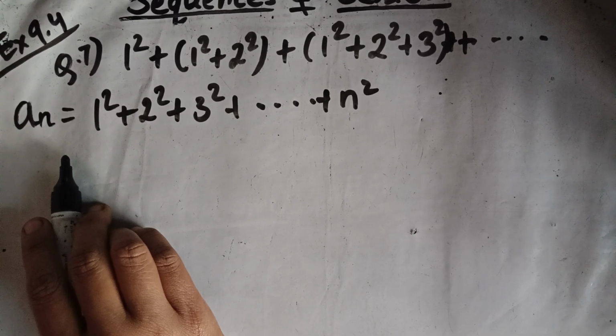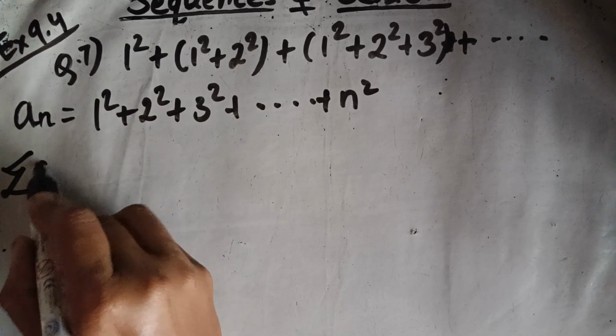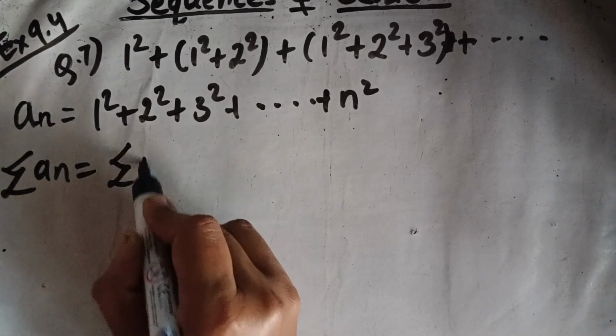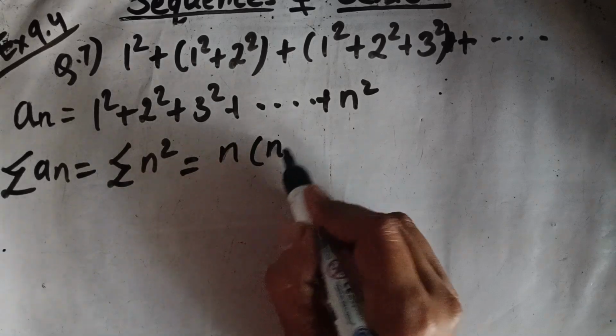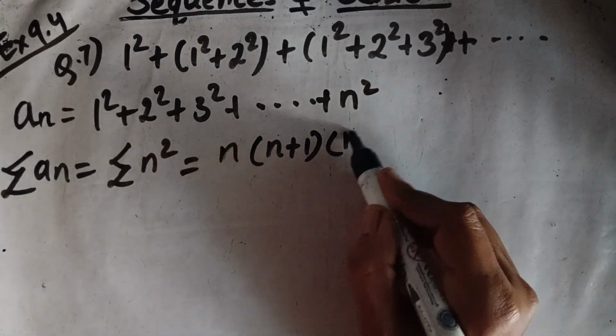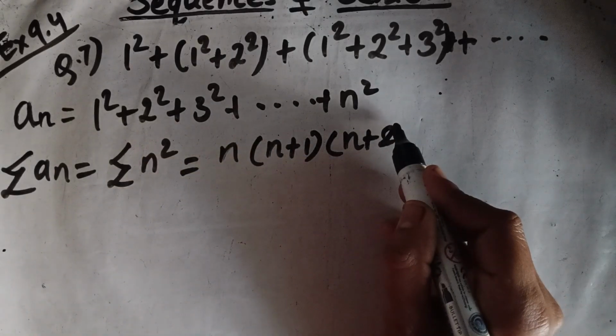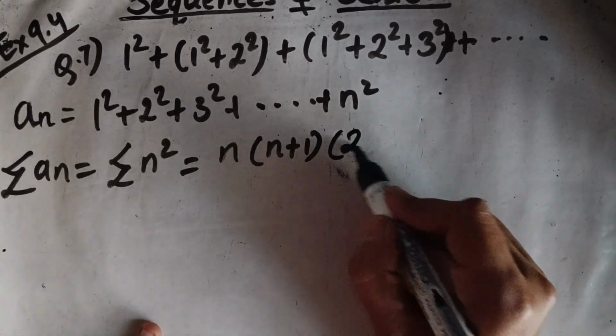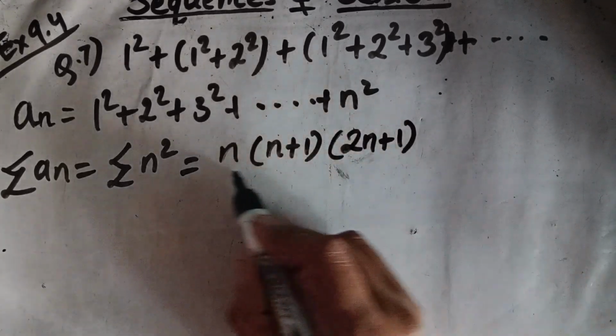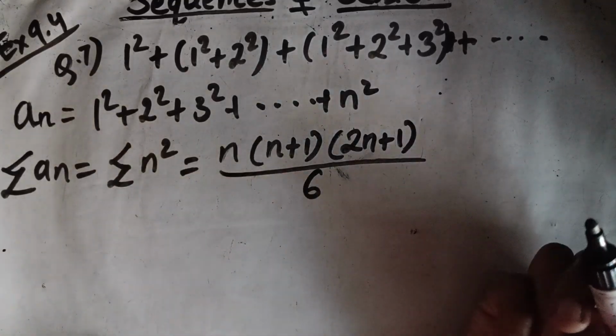So summation of n square, which is n into n plus 1 into 2n plus 1 upon 6.